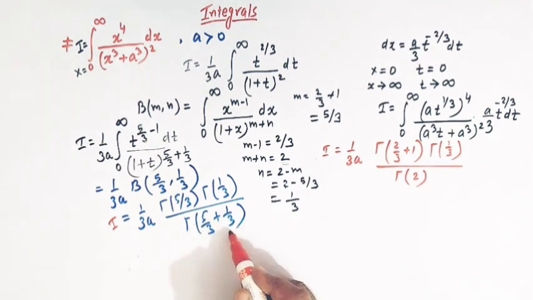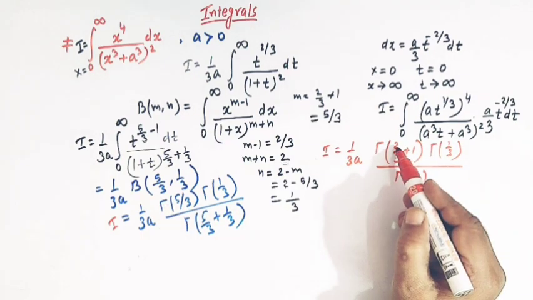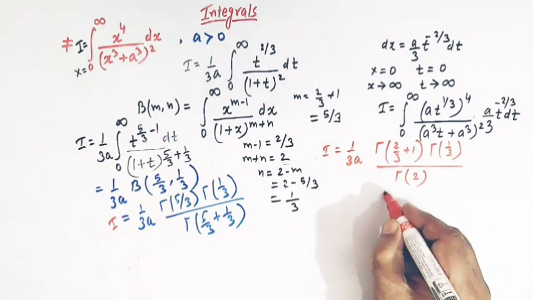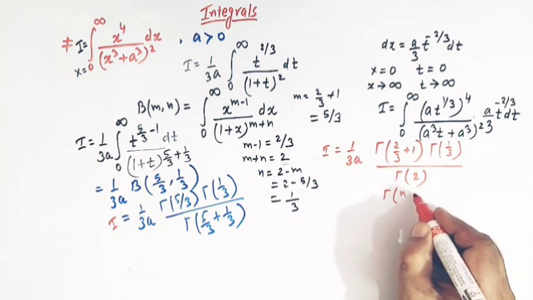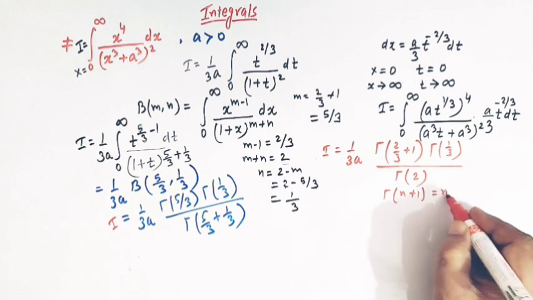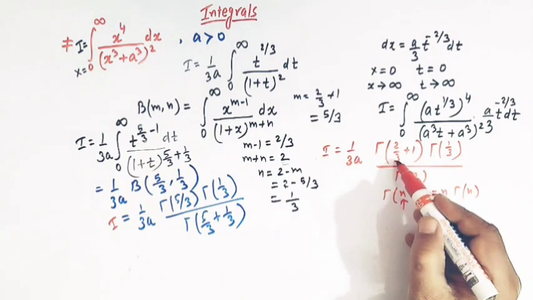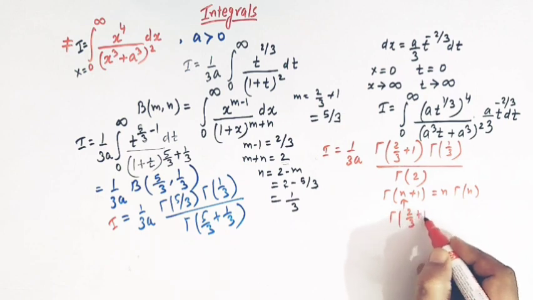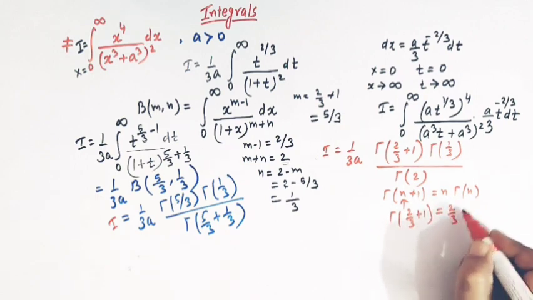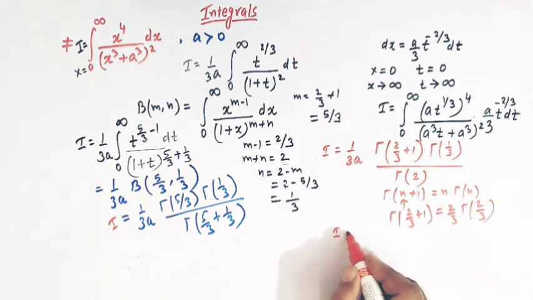Because 5 plus 1 is 6, 6 over 3 is 2, and here we have expressed 5 by 3 as 2 by 3 plus 1, because see, we know an important relation in gamma function, that is gamma of n plus 1 is equal to n gamma of n, right? So this n is 2 by 3, right? So we can write gamma of 2 by 3 plus 1 as 2 by 3 times gamma of 2 by 3, right?